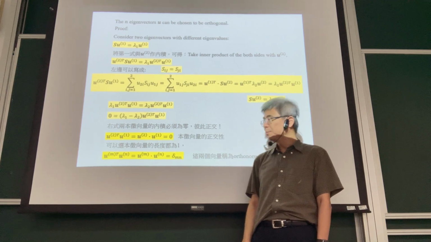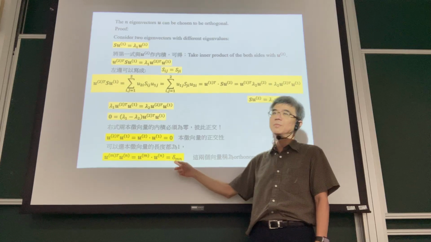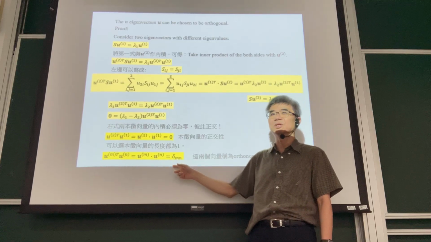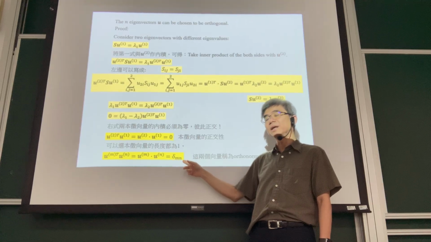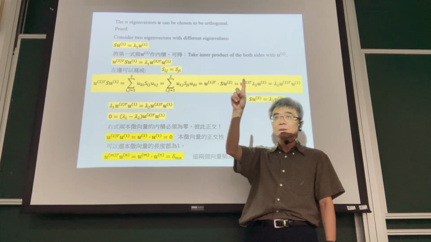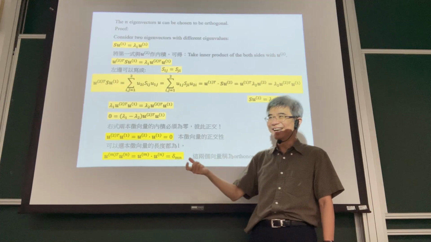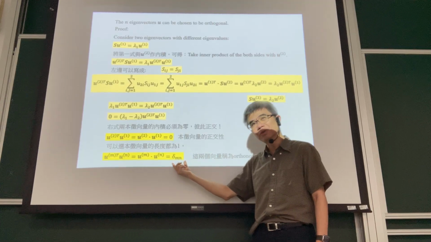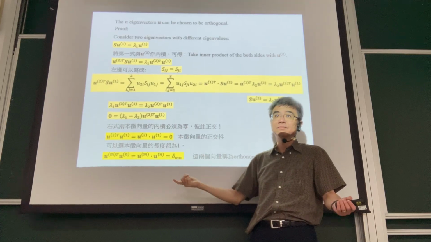Okay? You have to remember this delta function. It appears so many times in physics. Delta mn means when m is equal to n, it is equal to 1. If m is not equal to n, it is equal to 0. So the right-hand side ensures that m is equal to n; otherwise, it vanishes.